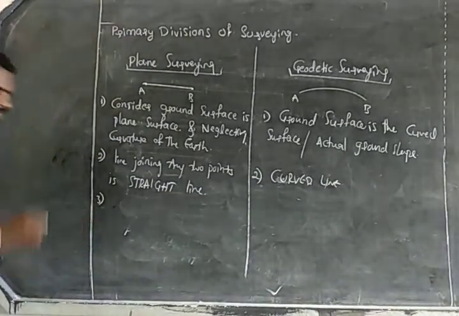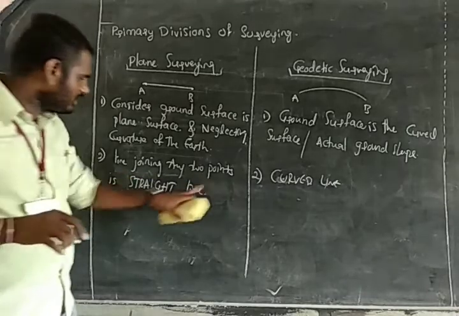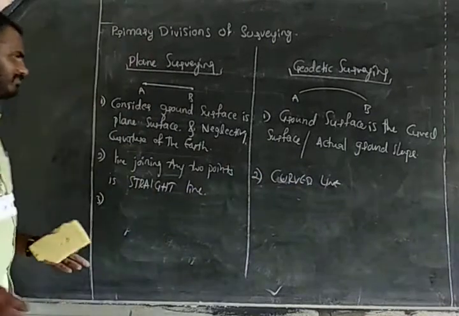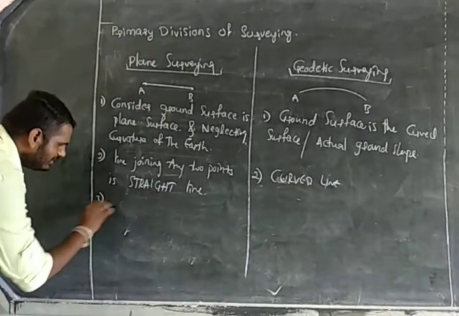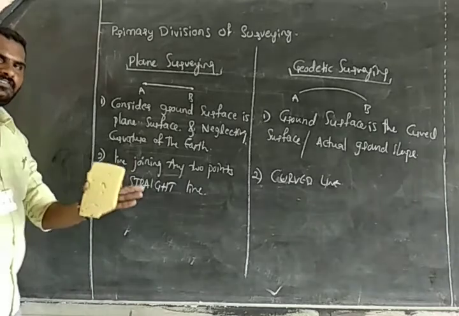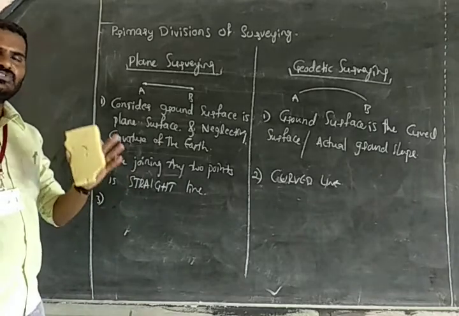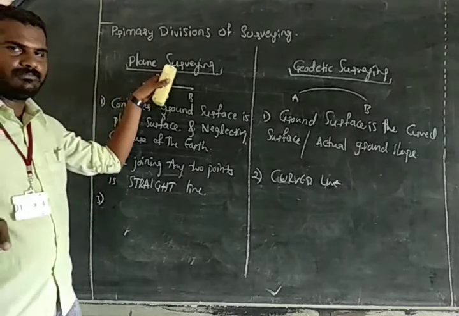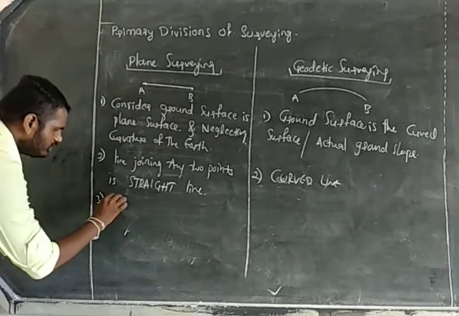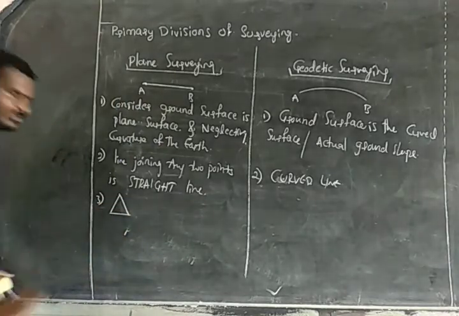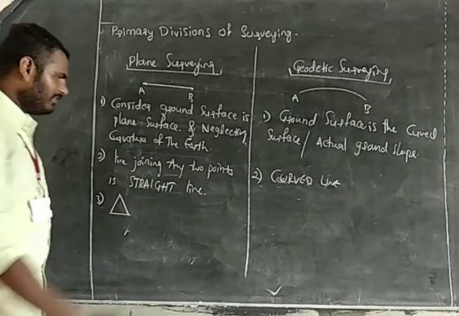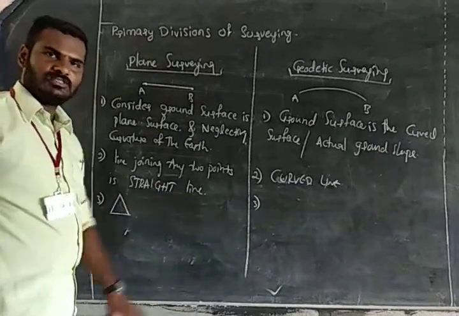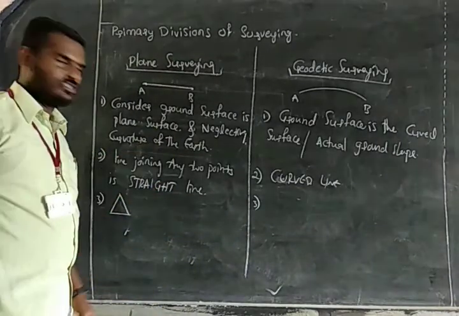Now the third one. Here the line joining any two consecutive points is a straight line, here it is a curved line. Suppose I am forming a triangle. Any geometric figure formed over the ground in plane surveying is a plane geometric figure, for example a plane triangle. But in this case, any geometric figure formed over the ground surface becomes a geodetic geometric figure.